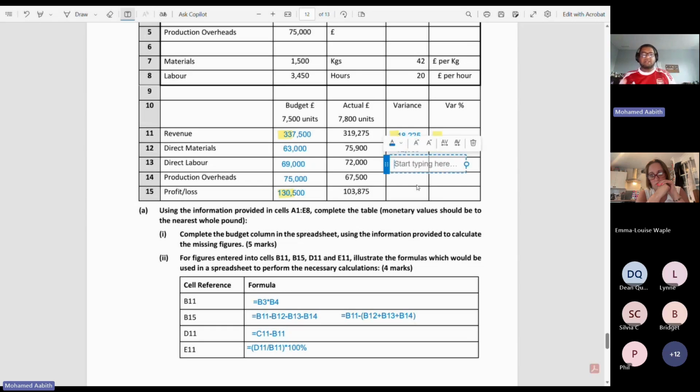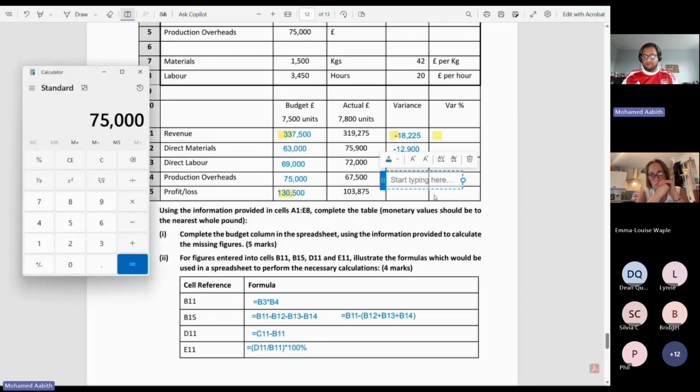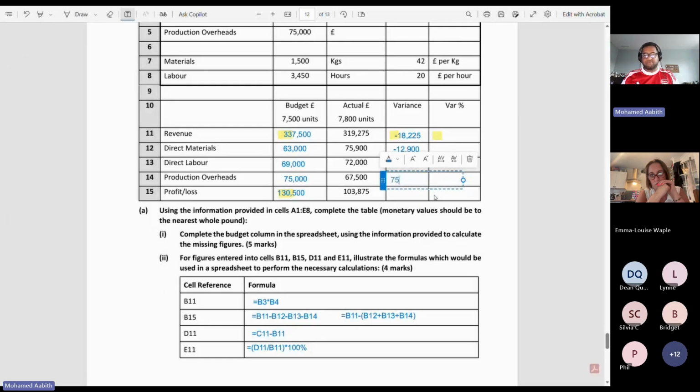And here again, the same way, it's going to be 69,000 minus 72,000, which gives you 3,000 pounds in negative variance. And the last one is, for a change, 75,000 minus 67,500. That gives you 7,500, a positive variance.